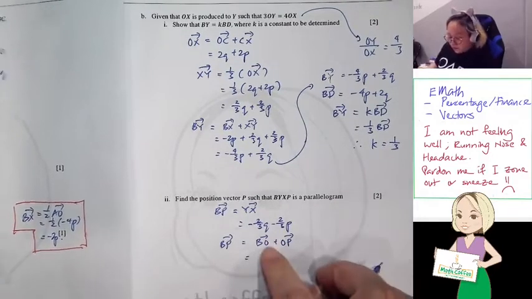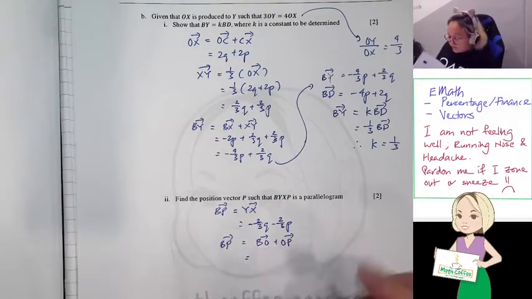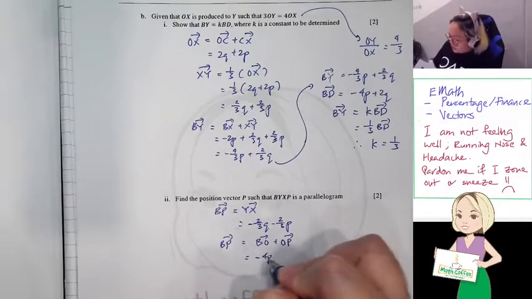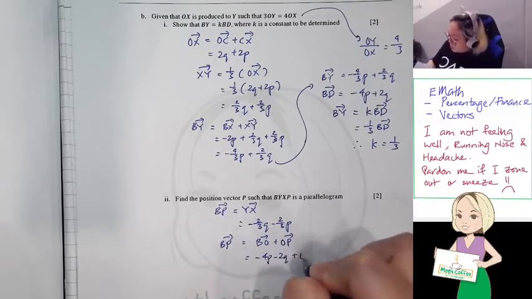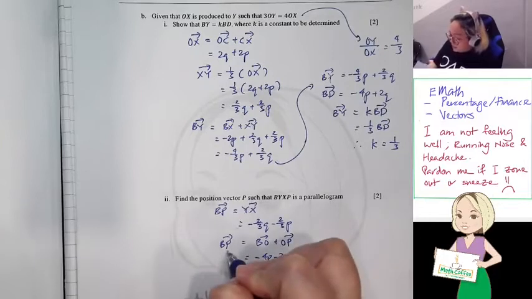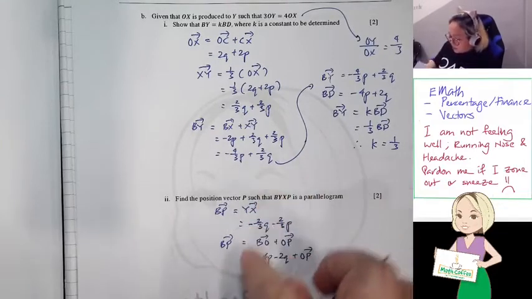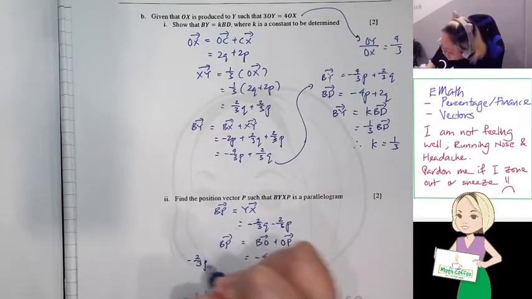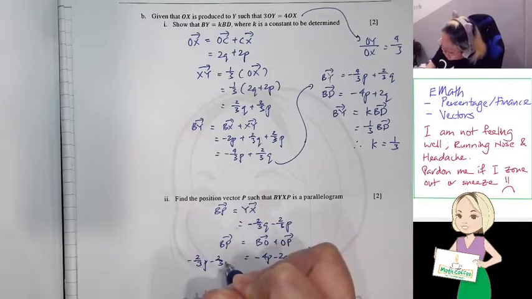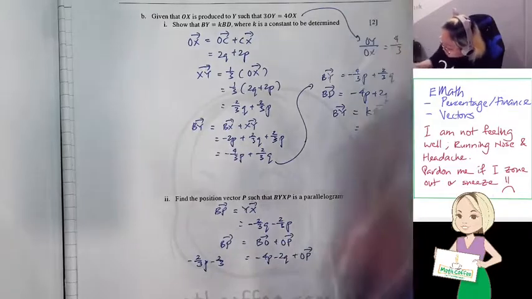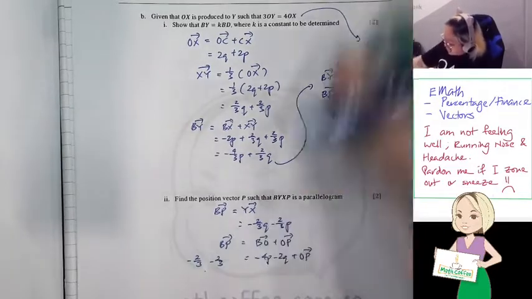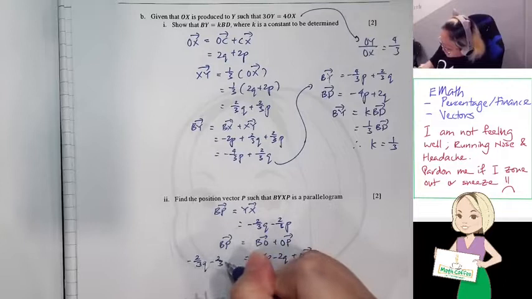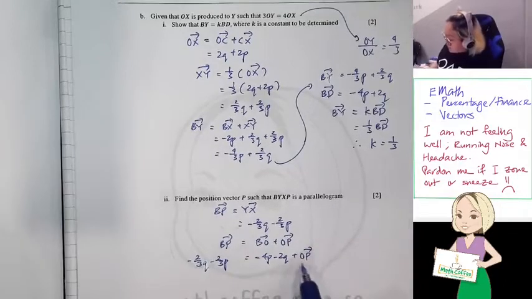Okay, so my BO, which I previously already have, is minus 4P minus 2Q plus the unknown OP. BP, we already have it, which is over here, so it's minus 2/3 P minus 2/3 Q. Yeah, P and Q confused already. Okay, this one is Q. So let's make this one the subject.